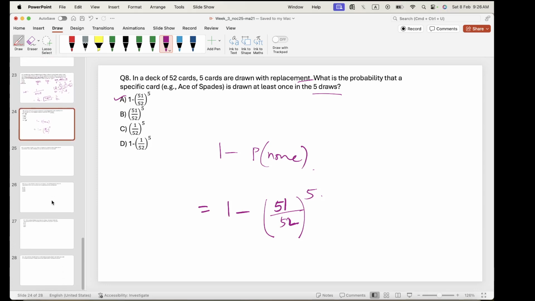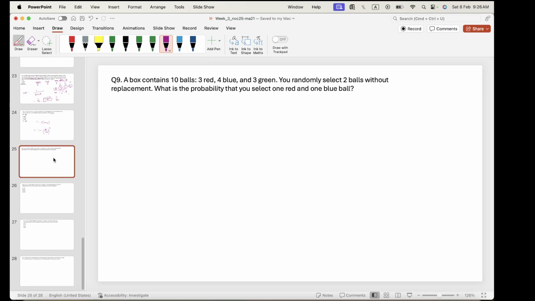Okay, moving on. A box contains 10 balls, 3 red, 4 blue, and 3 green. You randomly select 2 balls without replacement. What is the probability that you select 1 red and 1 blue ball?